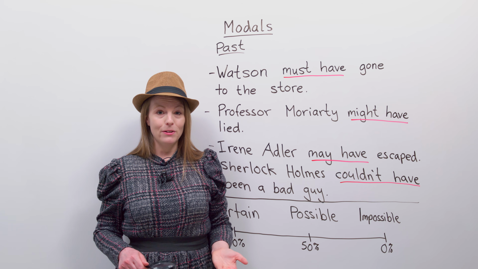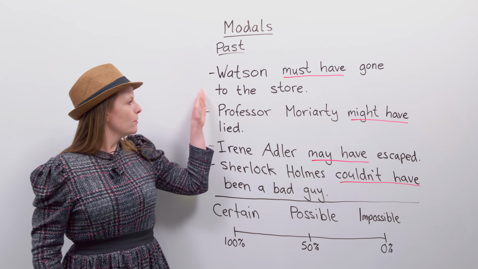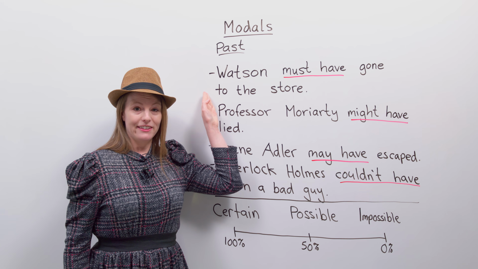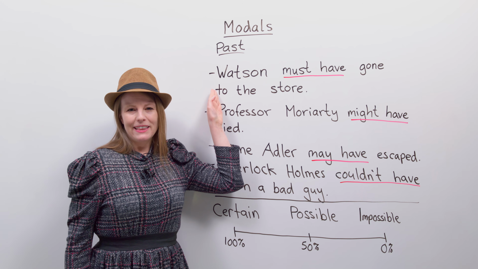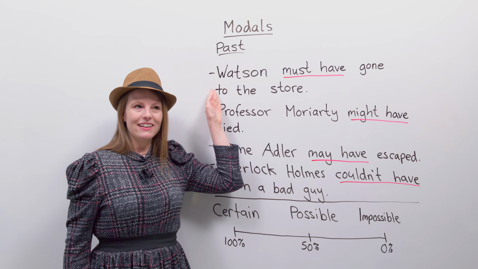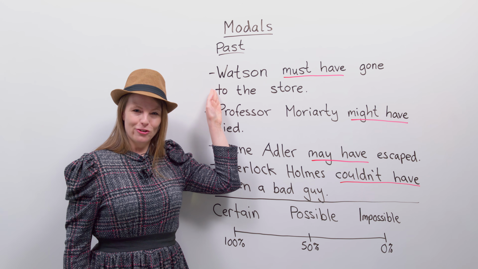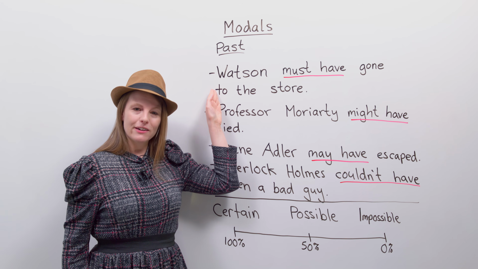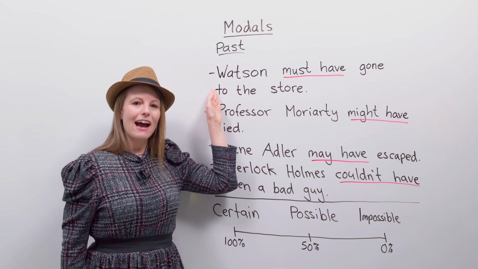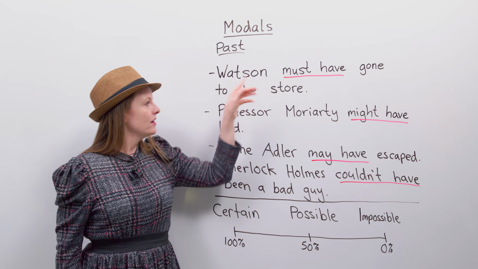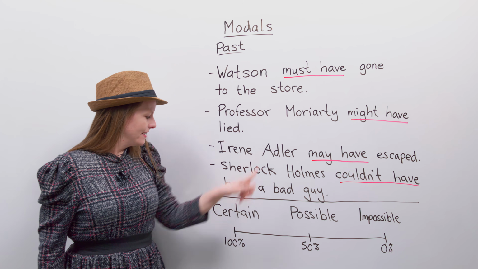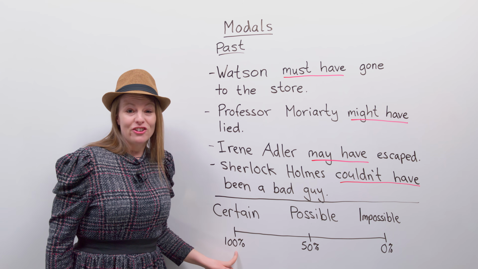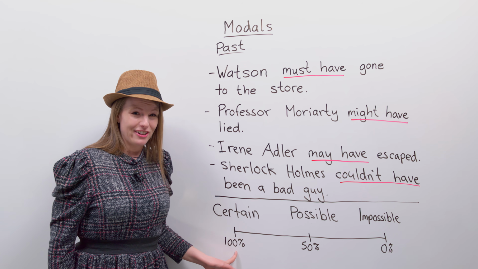So, for example, Watson must have gone to the store. Where do we think Watson is? Well, I think he's at the store. How confident am I he's at the store? How certain am I? Well, because I use the word must, I'm very certain, maybe 99% sure.